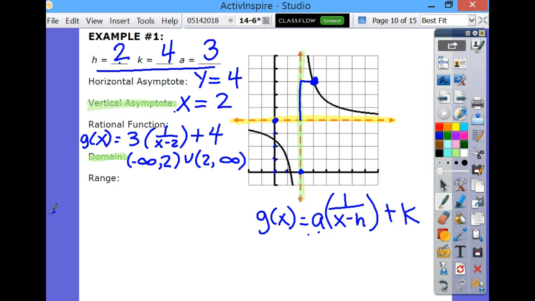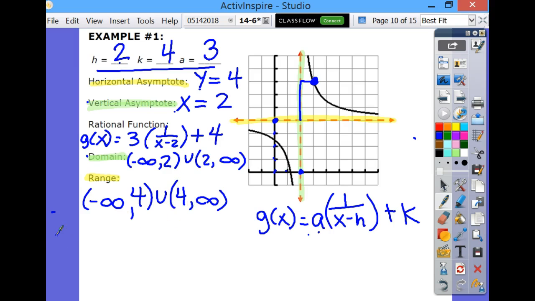The domain is connected to the vertical asymptote because the domain is, of course, in the x direction, and that is x equals. That's where there's a break in the x direction. The range goes with the horizontal asymptote because that has a y equals right there. The range is negative infinity to positive infinity, except there's a break at this asymptote.